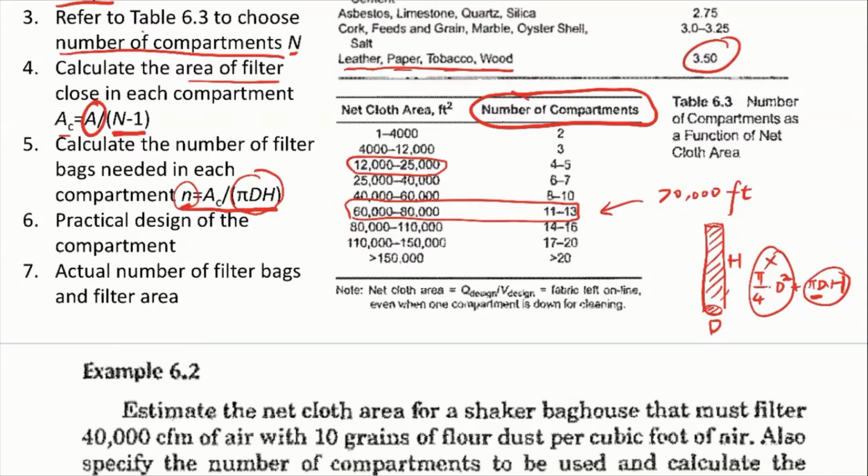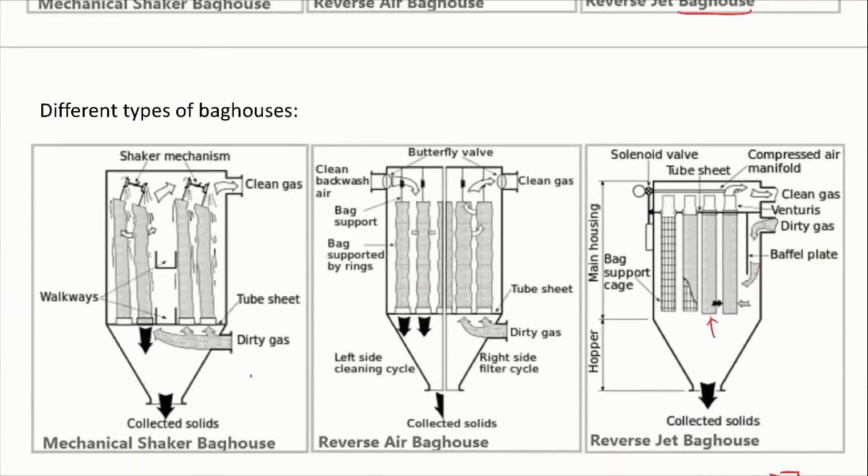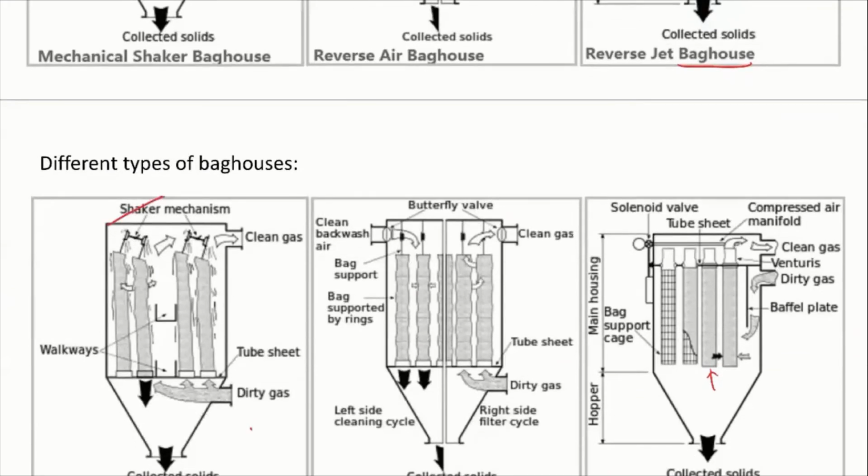And then after we get this number, we need to go through some practical design of the compartment. For example, if we find out that this number is, let's say, 101, right? So if it's 101, it's a prime number. So what are we going to do? Notice that a lot of these compartments have a dimension here, right?